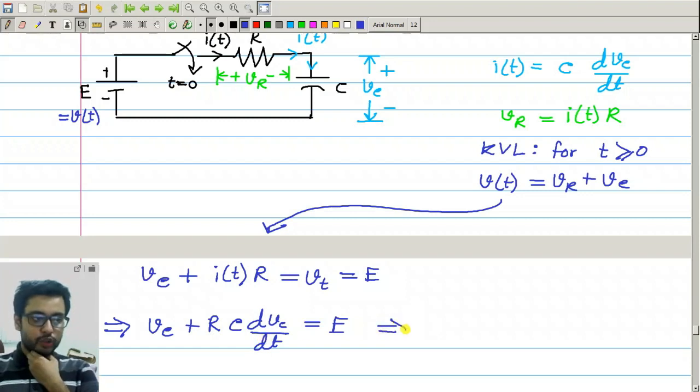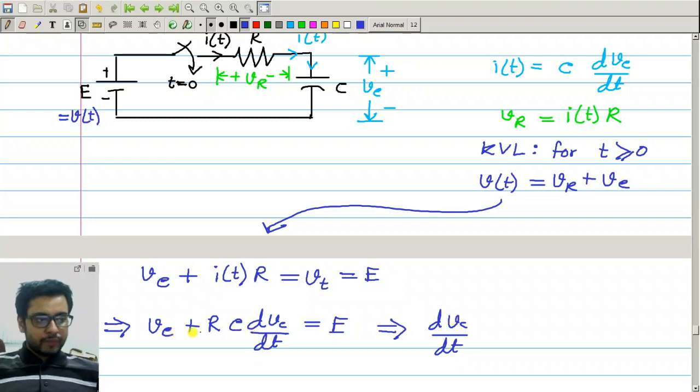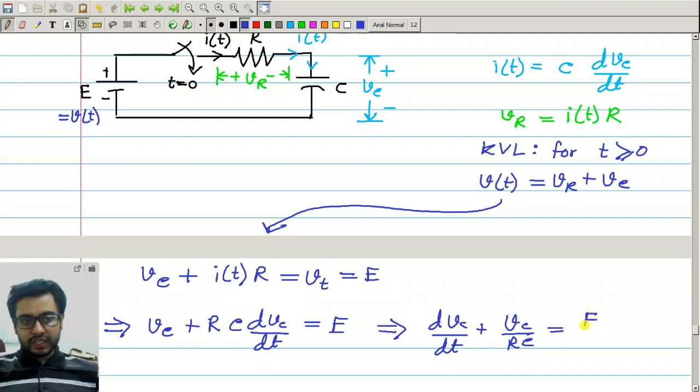You may also write this in this way by dividing with RC: dVc/dt plus Vc/RC is equal to E by RC.